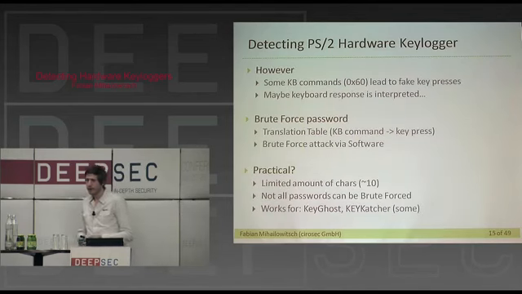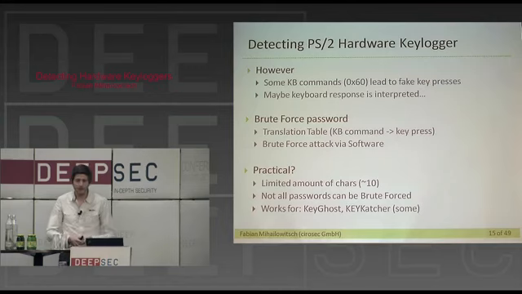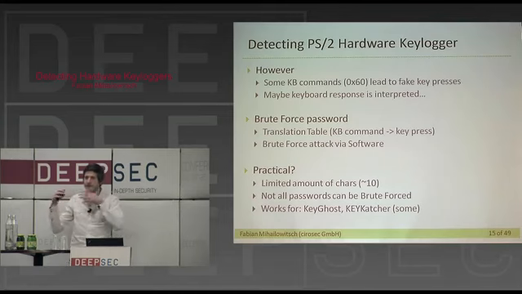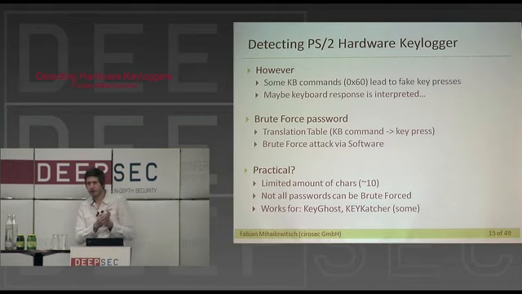But the cool thing is, during my tests, I found out that certain keyboard commands you send to the keyboard actually lead to fake key presses, probably because the response of the keyboard is interpreted as a key press. So you can send certain keyboard commands from the KBC to the keyboard and provoke fake keystrokes, which are recorded by the keylogger.